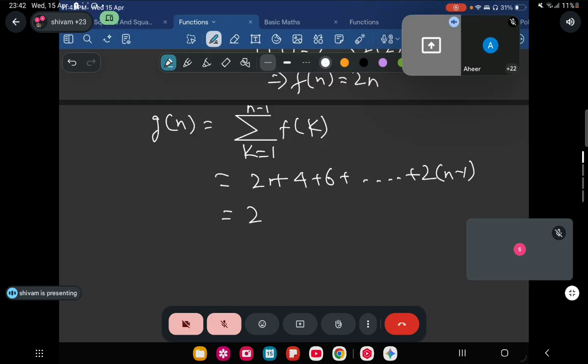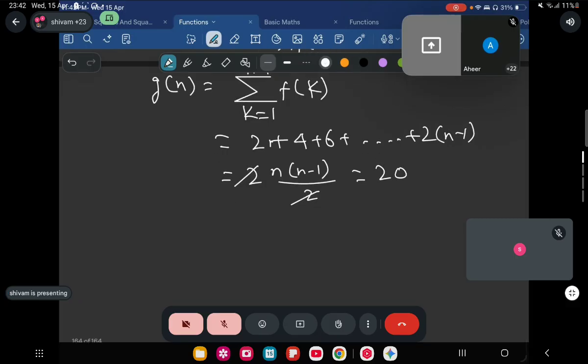Taking 2 common, it is the sum of the first n minus 1 natural numbers. So 2 into n into n minus 1 divided by 2. The 2s get cancelled. This is given as 20. If n into n minus 1 equal to 20, what is the value of n? Your answer is correct. This implies n is equal to 5. Done.